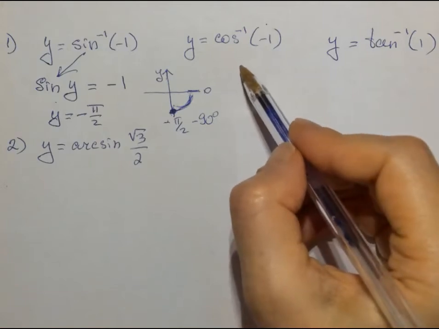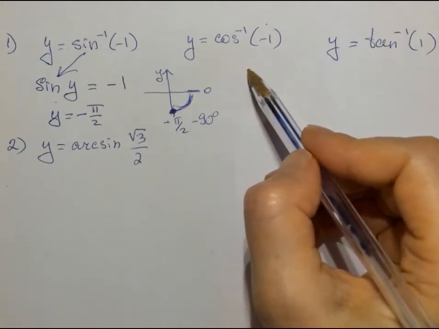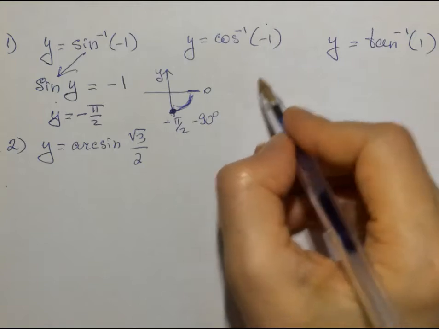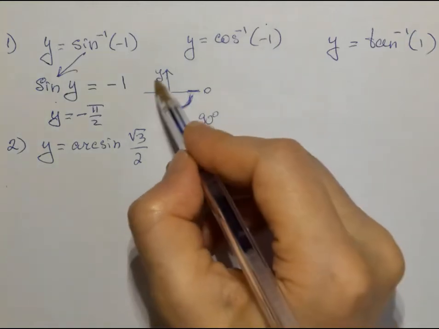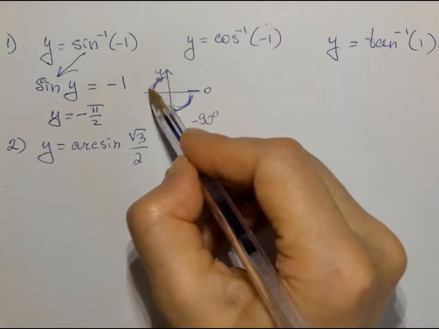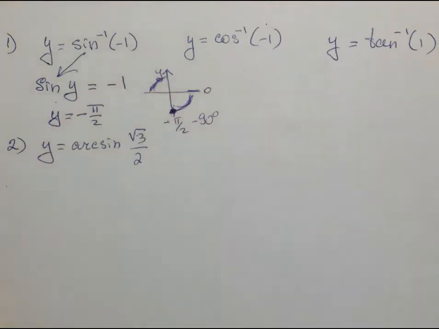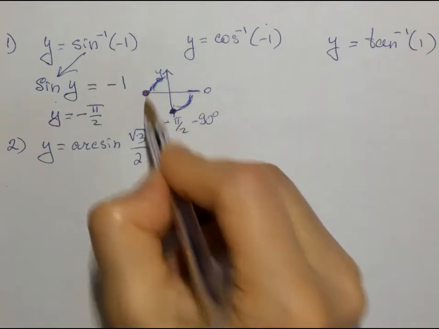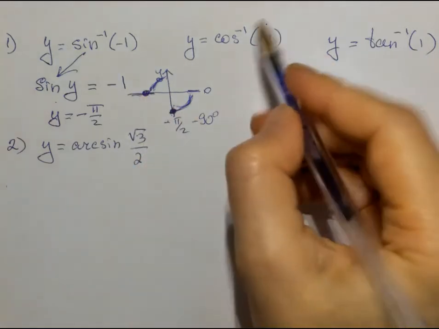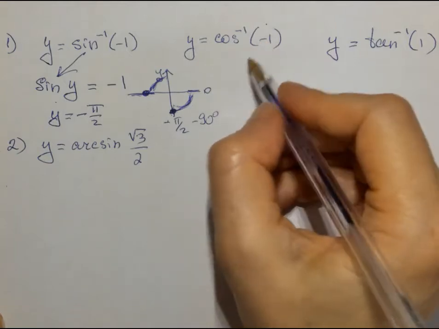Another example, cosine inverse of -1. So negative arc cosine is given by definition in the second quadrant. And cosine is the x-coordinate. So let us write it in alternative form.